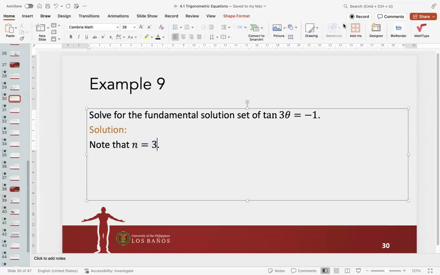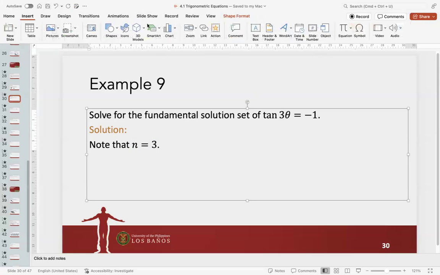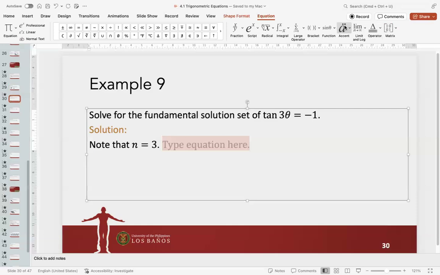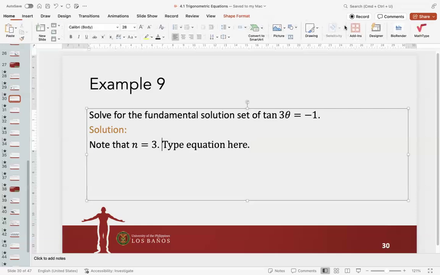Since we have n equals 3, then our desired solutions are in the interval 0 up to 2 pi, 4 pi, 6 pi. So we have 3 rotations or 3 cycles.